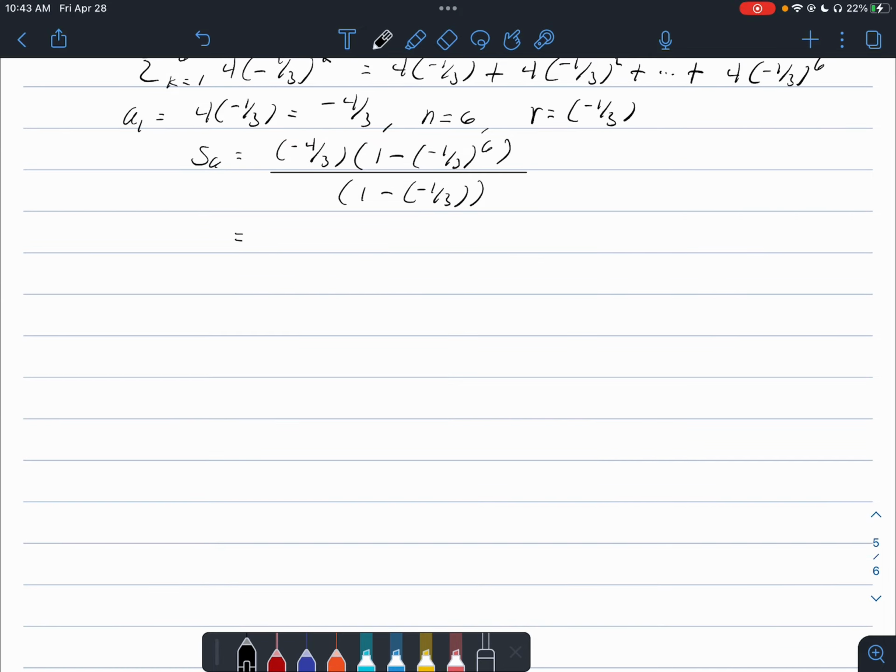This is going to simplify to negative 4/3 times 1 minus, if we do the exponent here, 1 over 729. And then here we have 1 minus negative 1/3, which is the same thing as 1 plus 1/3, so this would really just be 4/3.